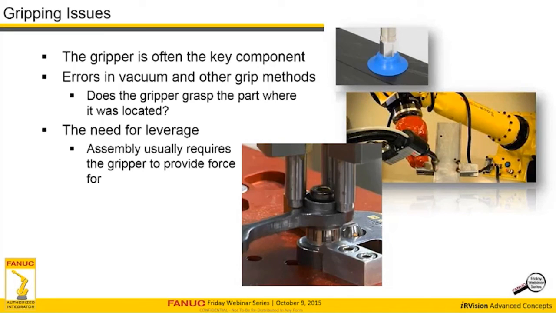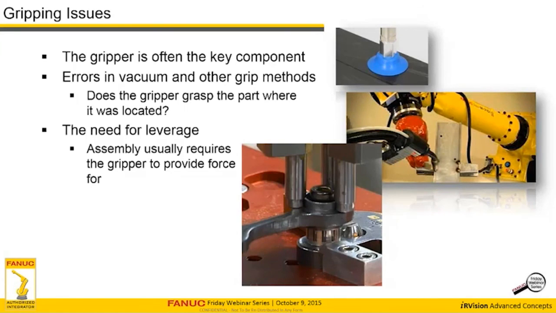So the part gets gripped at a different location than what we expected. It's in the grip, it's reasonably accurate, but if we want true precision, what do we need to do next? We need to find out if the gripper grasped the part exactly where it was located by vision and exactly where we guided the robot to go pick it up. Often that's not the case.